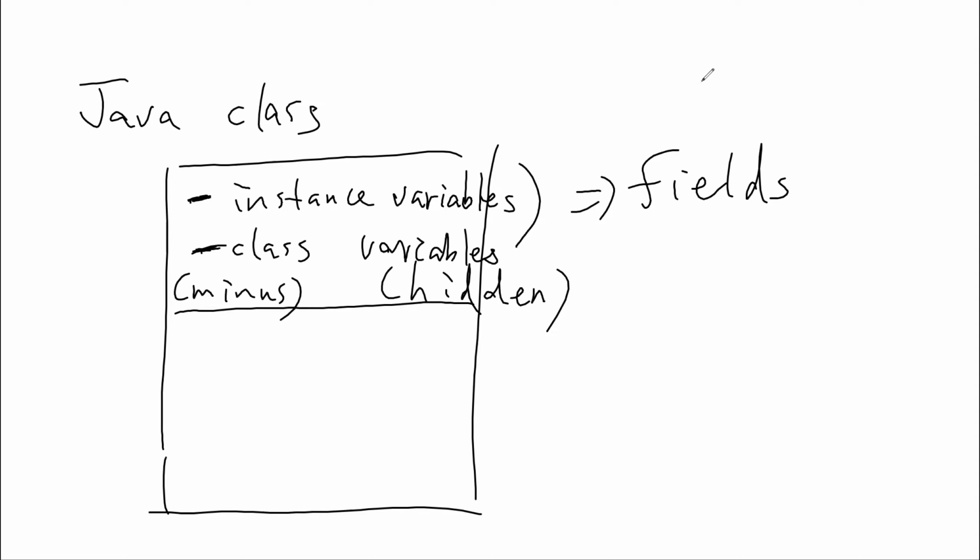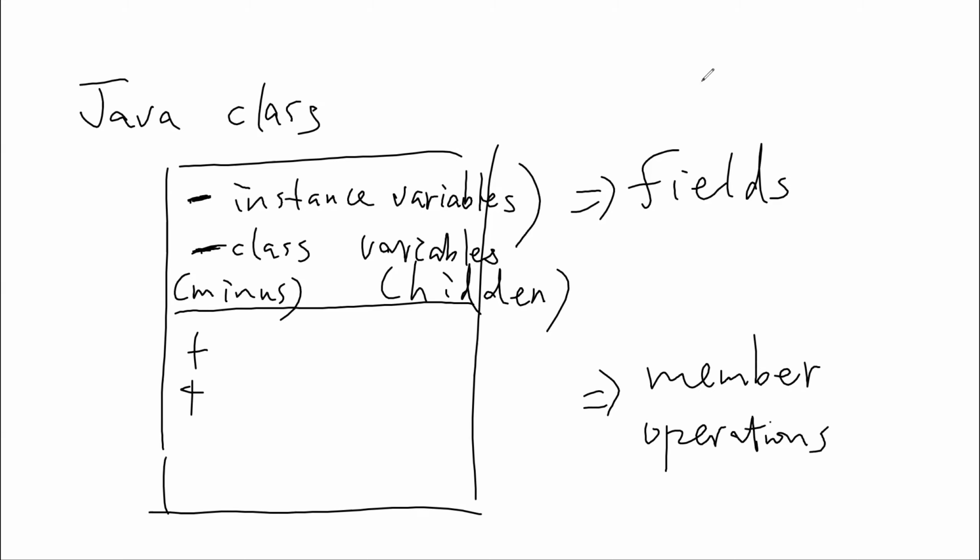Hidden, okay. And in a Java class, like I said, you also see a lot of methods, like Scanner, like String, is it we use? So even for a car, you can drive, you can accelerate, you can decelerate. Those provide the interface, or we call them operations, member operations, or interface or behaviors. Generally speaking, we call them instance methods here.